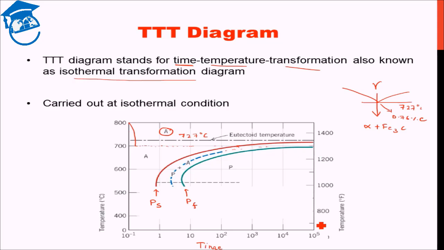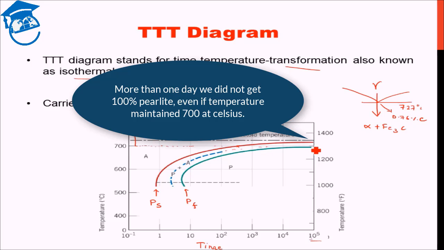As you can see, even at 10 to the power 5 seconds, it is not cutting the pearlite finish curve. That means even at 10 to the power 5 seconds, that is more than 1 day, we do not get 100% pearlite if we maintain 700 degrees Celsius.